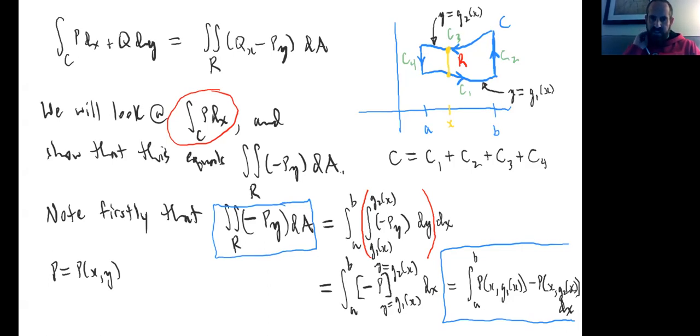As we go along C4, x is equal to a all the time, so dx is going to be 0 on C4. So the integrals along C2 and C4 are both 0.